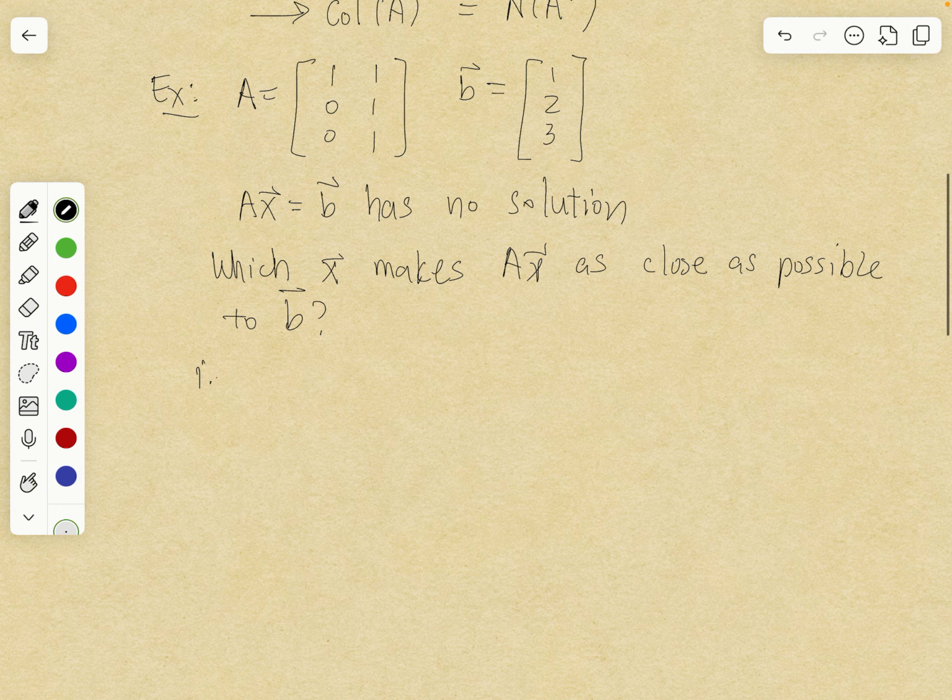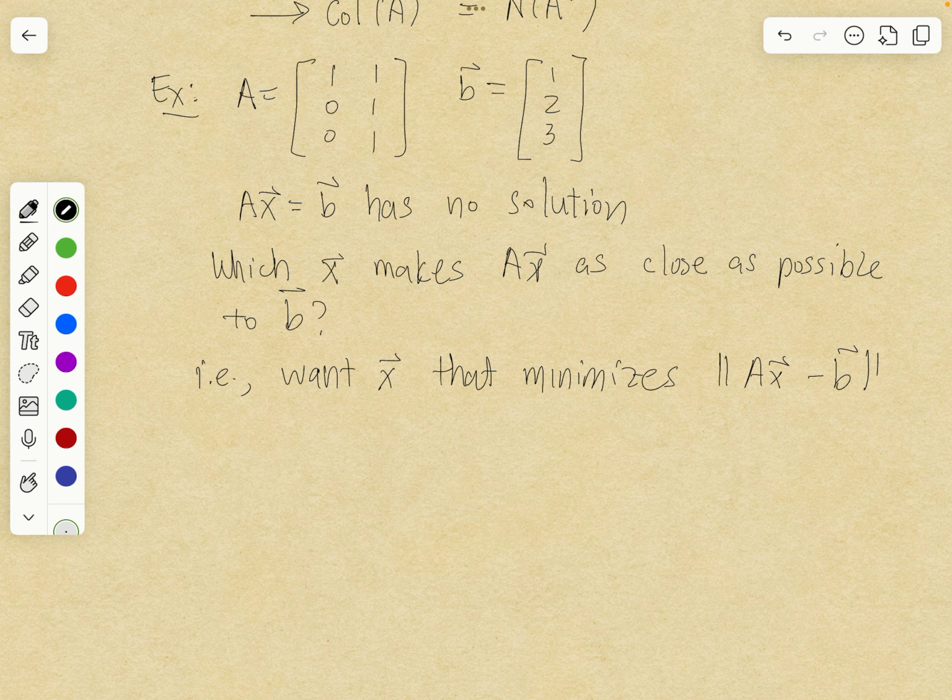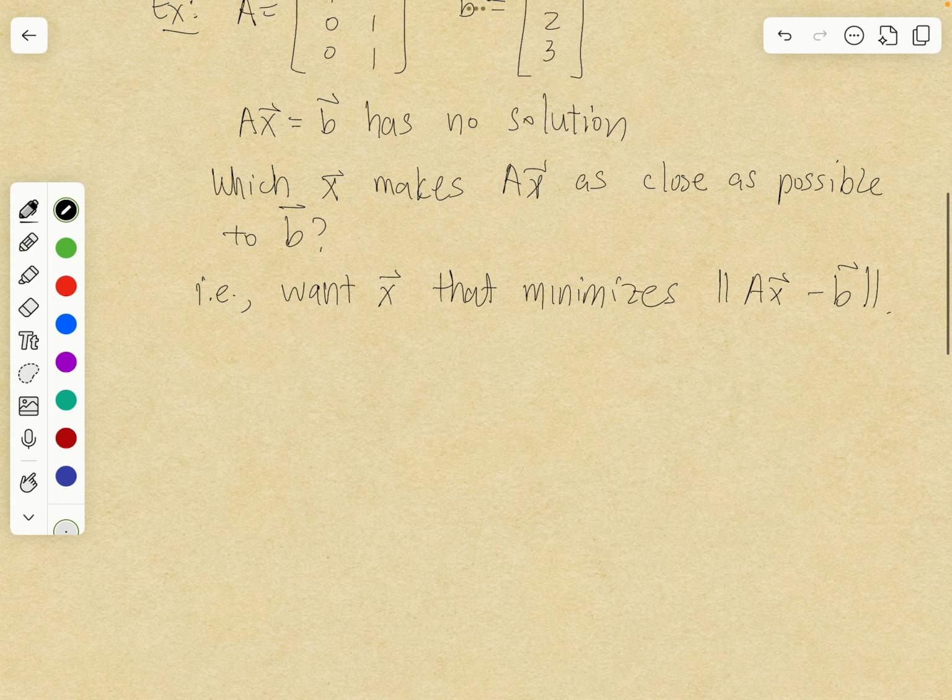In other words, what we want is a vector x that minimizes the distance between Ax and b. And an x that satisfies this, we'll call such a vector x, x star.